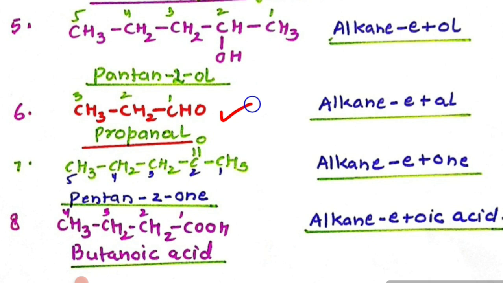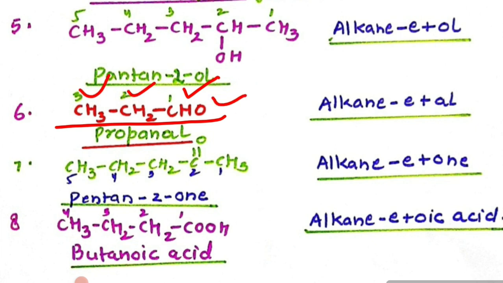Now since this aldehyde is a terminal functional group, it does not have any positional isomer. The first carbon is the carbon which belongs to CHO. So you have to select the longest chain containing this carbon atom, and this will be the first carbon atom. Then number the carbon atoms taking this carbon to be the first, 1, 2 and 3.